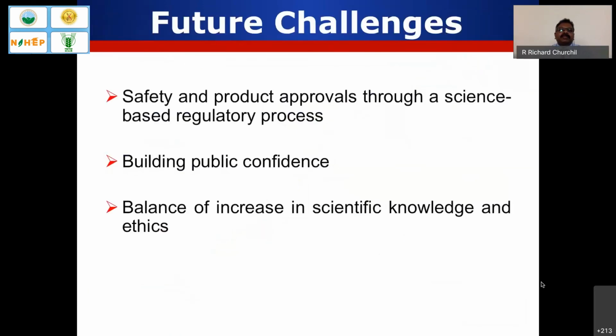So these are the future challenges. Regulatory processes are definitely required to regulate newly produced transgenic animals, and to get public confidence, the public has to be enlightened with these techniques and other details.